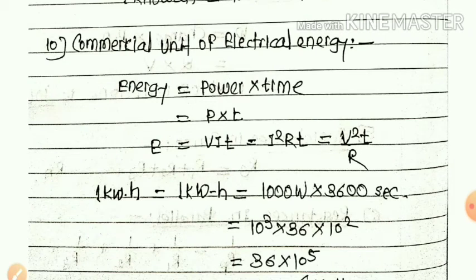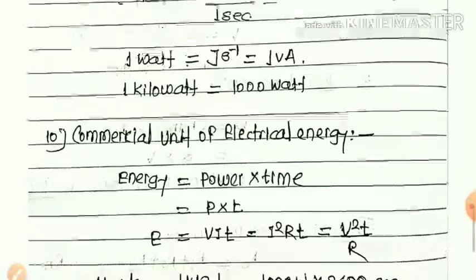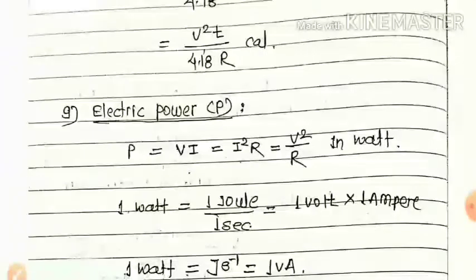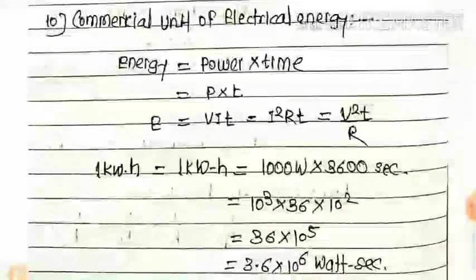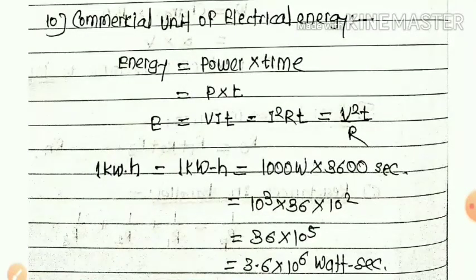It is the product of power and time, that is E is equal to P into T. But as we have seen, the power can be calculated by the formula VI equal to I square R equal to V square by R. By putting these values in the same equation, we get the formula for electrical energy: E is equal to VIT, is equal to I square RT, or is equal to V square T upon R.